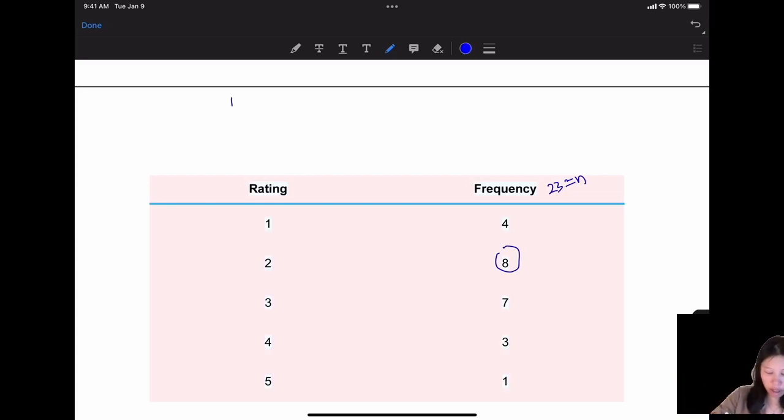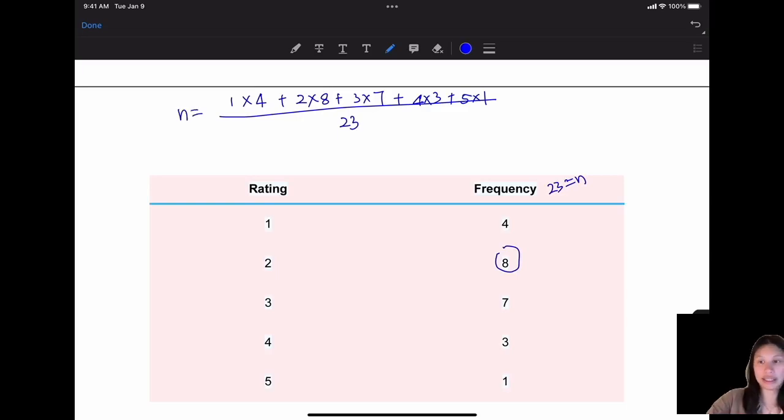So the mean should be 1 times 4 at the rating, plus 2 times 8, plus 3 times 7, plus 4 times 3, plus 5 times 1, and then divided by 23. So calculated by calculator, this is equal to 58 divided by 23. So the mean should be rounded to one decimal place, which is 2.5. So the average rating should be 2.5.